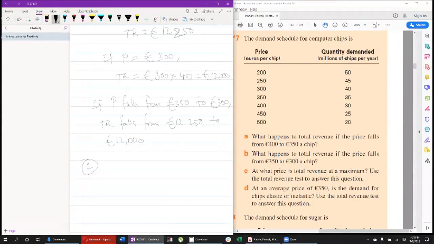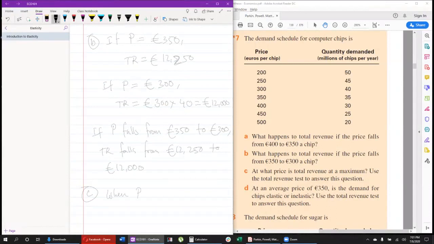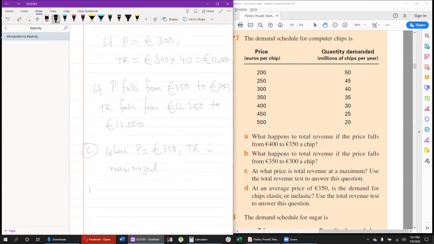So calculate the total revenue in all those cases, and then you can see at which point you get the maximum total revenue. I'm not doing all of that work. You guys can do it, but the answer is, it's going to be when price is 350. Of course, you guys will have to do the calculation, which I am not doing.